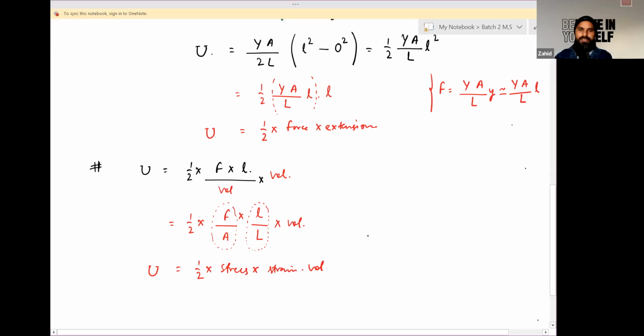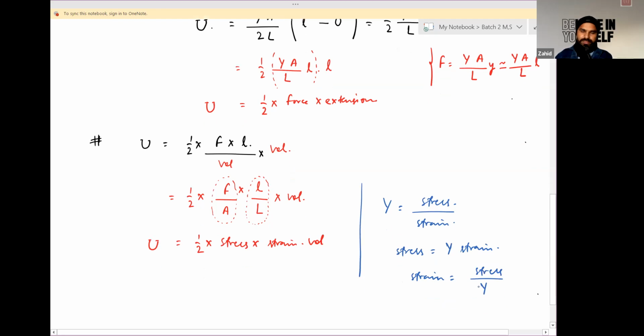You can rearrange this equation in terms of Young's modulus also, as Young's modulus equals stress divided by strain. So you can write stress equals Y times strain, or strain equals stress divided by Young's modulus.